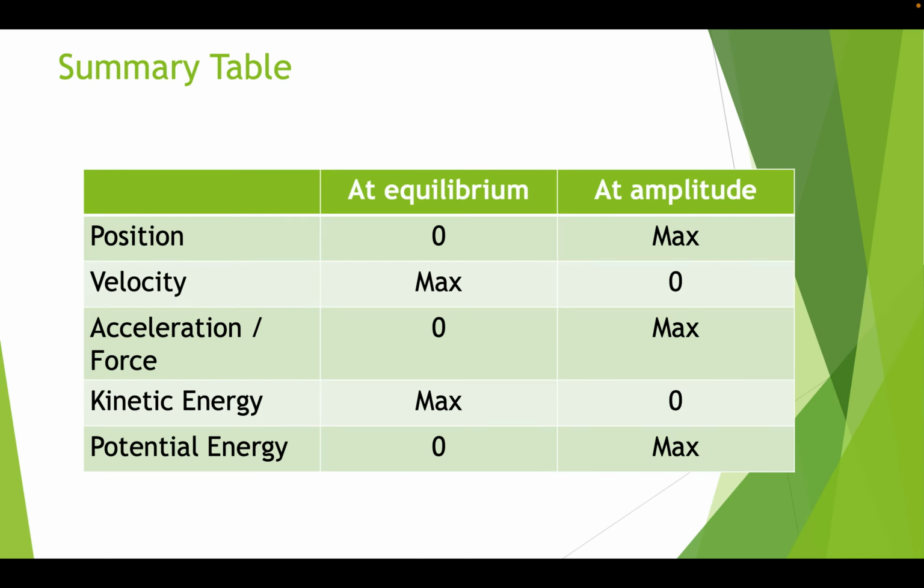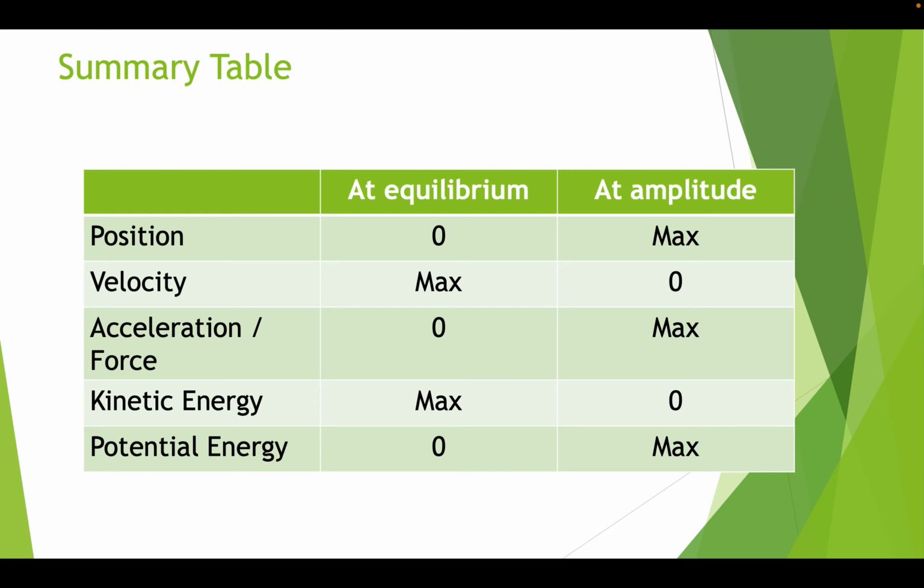Just to summarize, this table is very useful to either derive or memorize. Derivation is really simple, so I recommend that you derive it rather than waste the brain energy trying to memorize this. Understand where your position is going to be a minimum and when it's going to be a maximum.